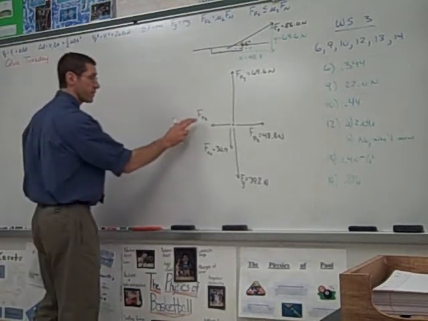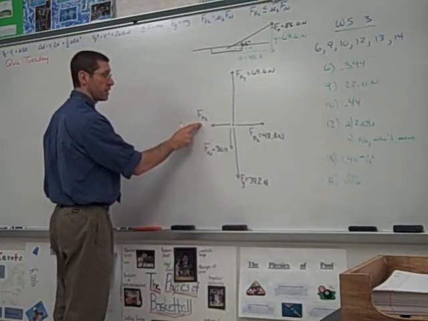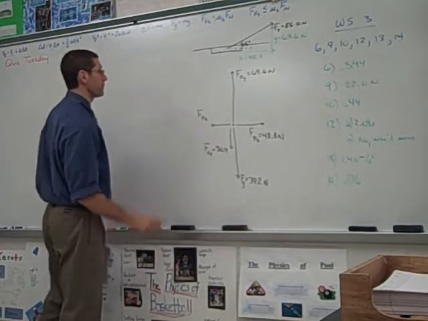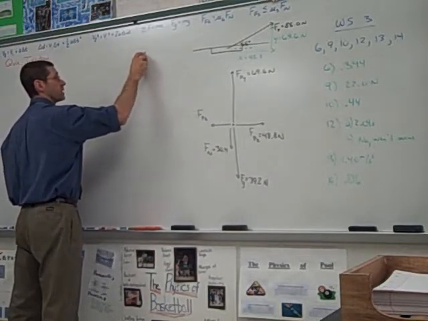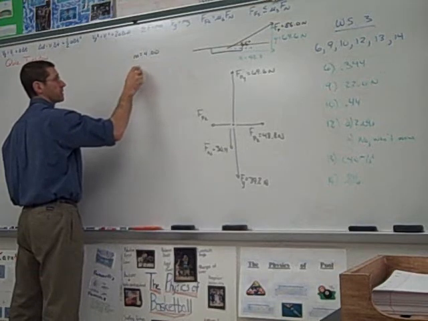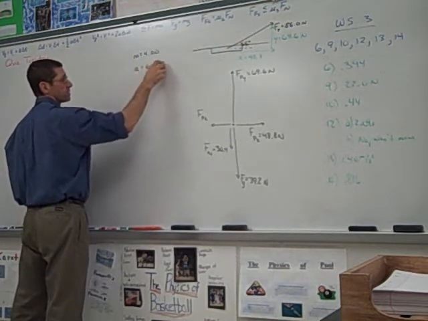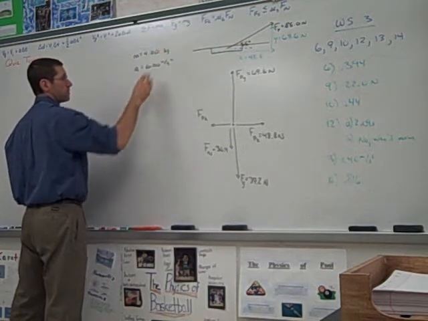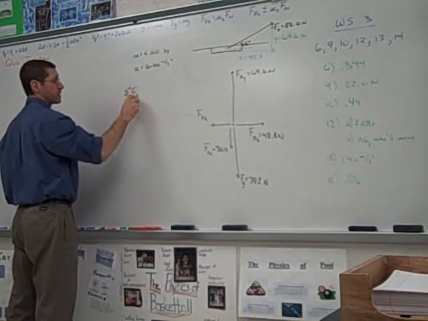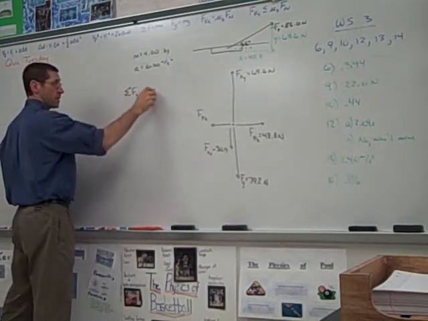So now let's find this friction force, if we can, and then we can get the coefficient. So we're told the mass of the block is 4, and its acceleration is 6. So sum of the forces in the x direction equals ma.